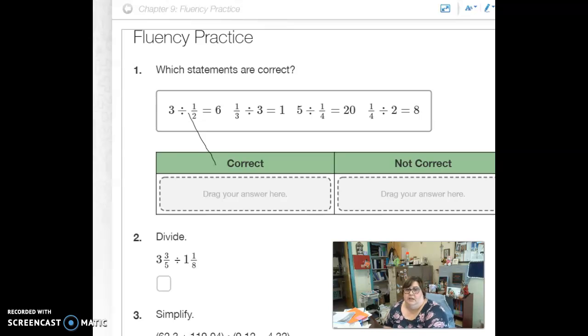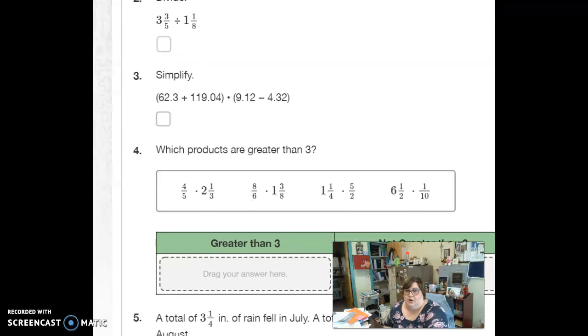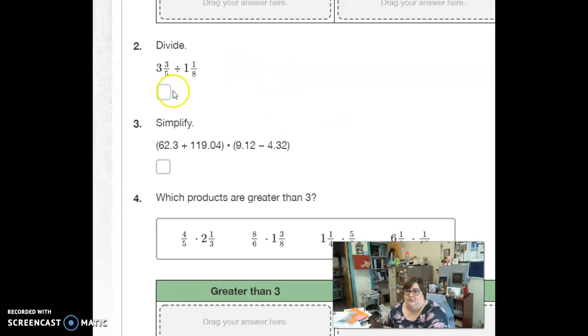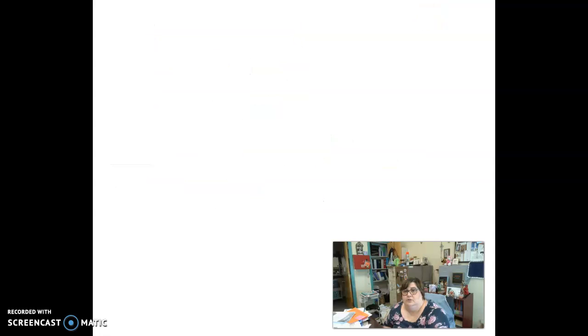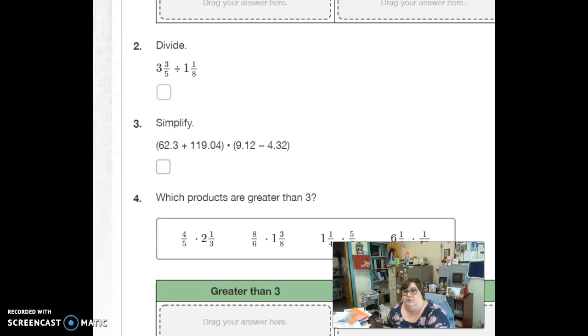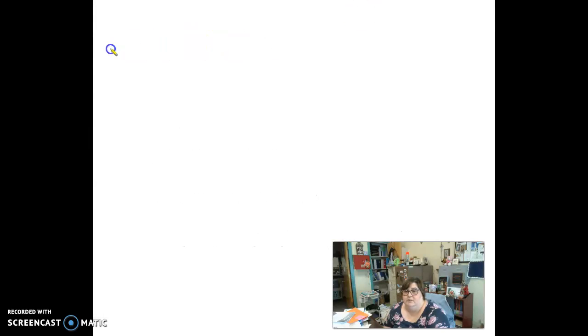Okay. So on this next part, division with mixed numbers, you have to remember how to turn mixed numbers into fractions so that you can multiply them. So we have 3 3/5 divided by 1 1/8.